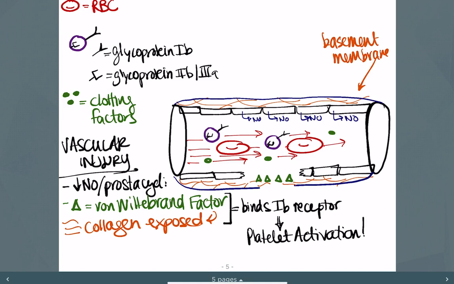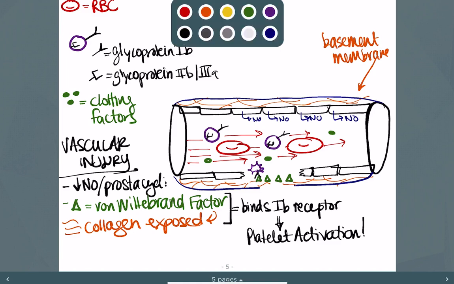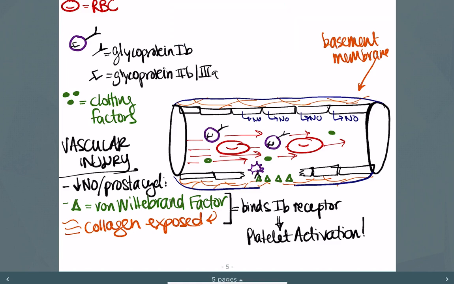So let's draw it on. The exposure of von Willebrand factor binds the glycoprotein 1b. Now, instead of a nice circular platelet, we've got this spiky, crazy activated platelet, and the 2b3a is now flipped to the outside. So platelet activation allows the platelet to change its shape.